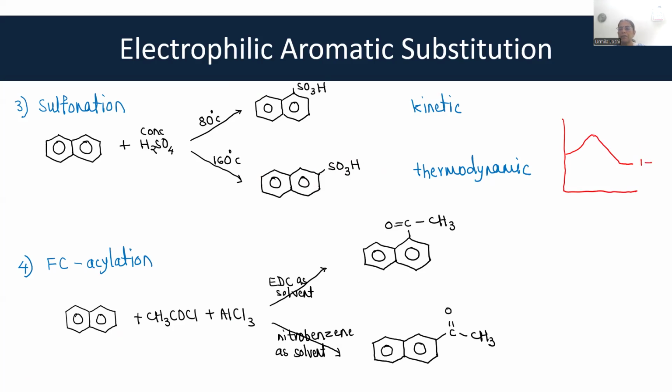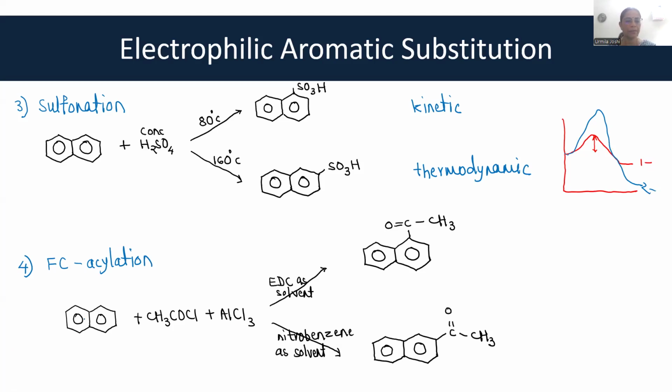The energy of the transition state and the intermediate, actually it should be a two-step process, but I'm simplifying this. Now, for naphthalene 2-sulfonic acid, how does it look? Understand this, only if you can provide this energy, naphthalene 2-sulfonic acid will be formed.